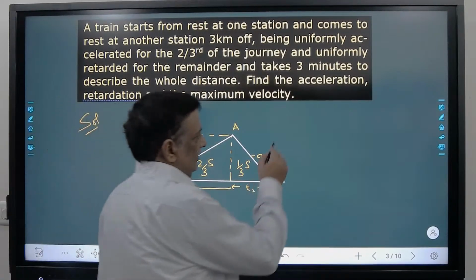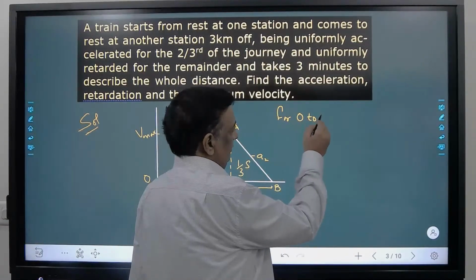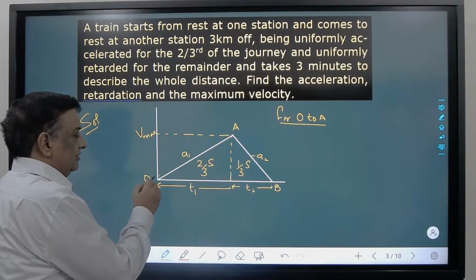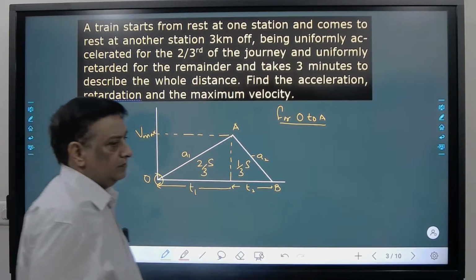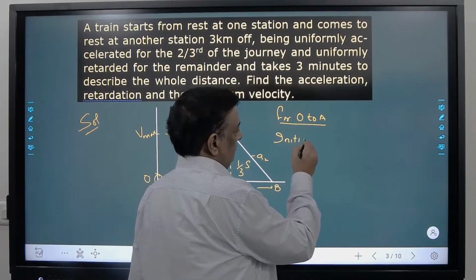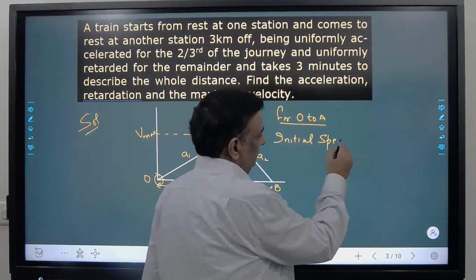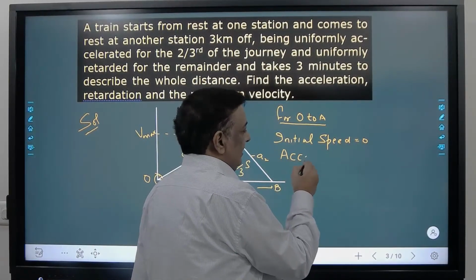For O to A, the car starts from rest. Initial speed of the car is 0. Its acceleration is A1.